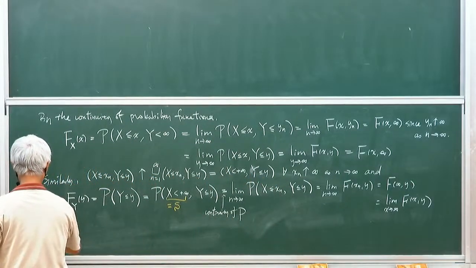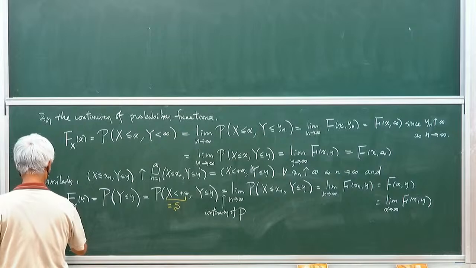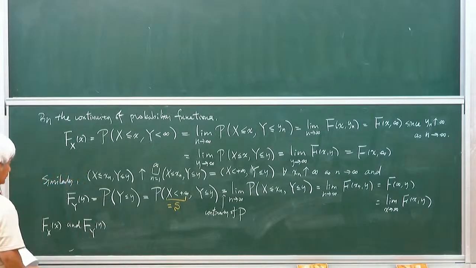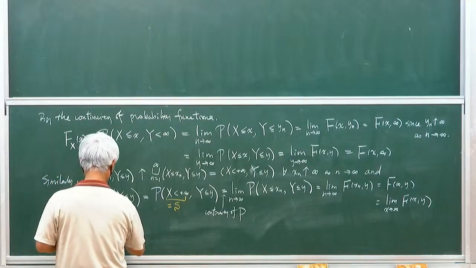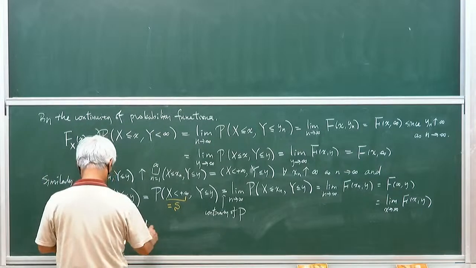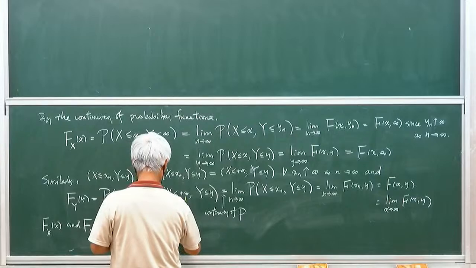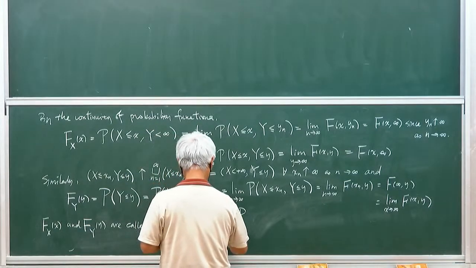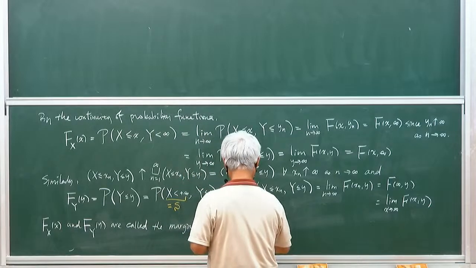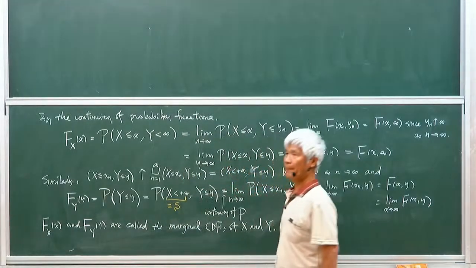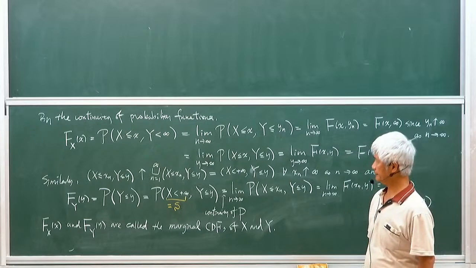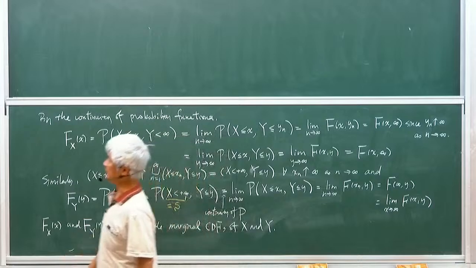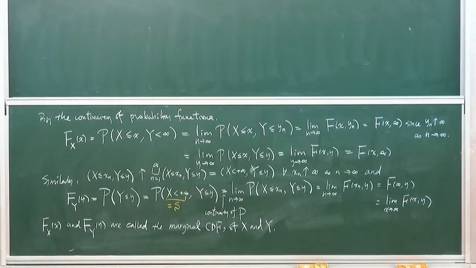All right, and F sub X of x and capital F sub capital Y of y are called the marginal CDFs of X and Y. They are called marginal because these two CDFs are derived from the joint CDF.